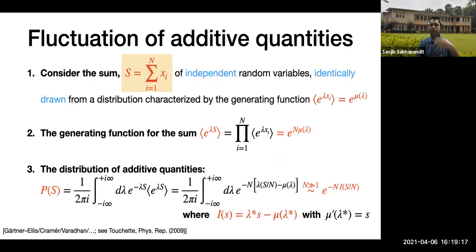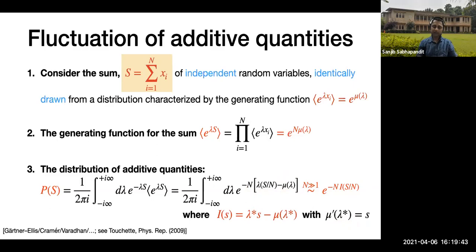So basically what we do is a saddle point calculation. When you do a saddle point calculation, it says that it should be exponential of minus n times some function of s by n. And this function is basically nothing but the minimum of this function along the path of steepest descent. So it's basically the function at the saddle point, which is given by this equation.